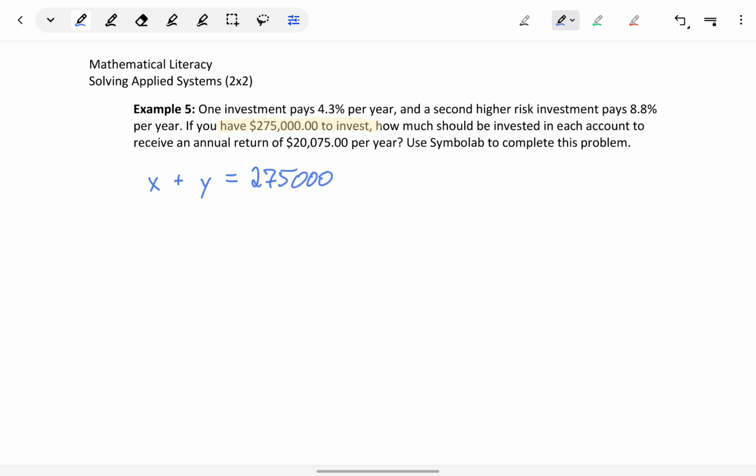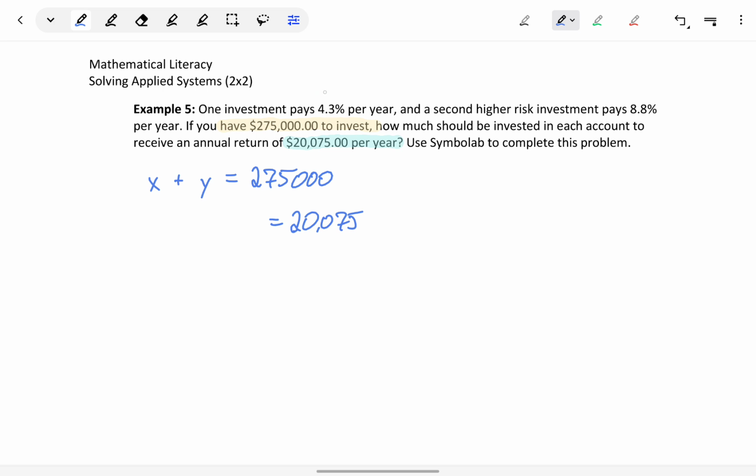Then the other statement is about how we earn that $20,075 per year. So that's our goal. And now we need to write a statement that shows how we get there.